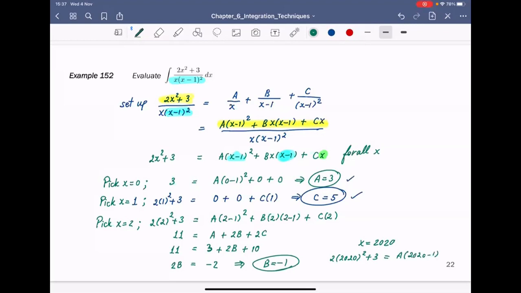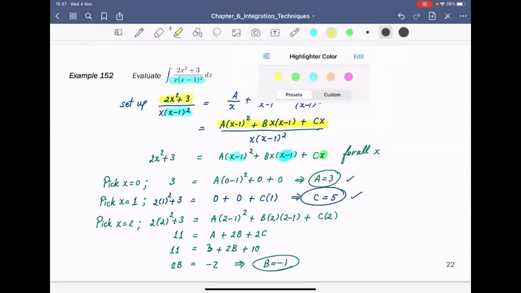Which is going to be stupid because you picked the big number. You should make your life a lot easier by picking a small one. As I told you, you do not need to pick x equal to 2. Negative 1 works. Any number works. Whatever you want.